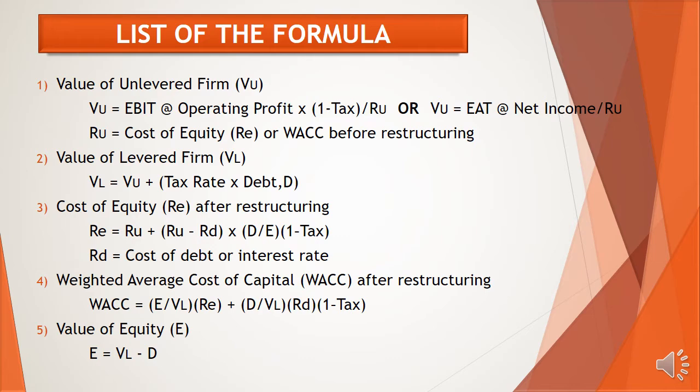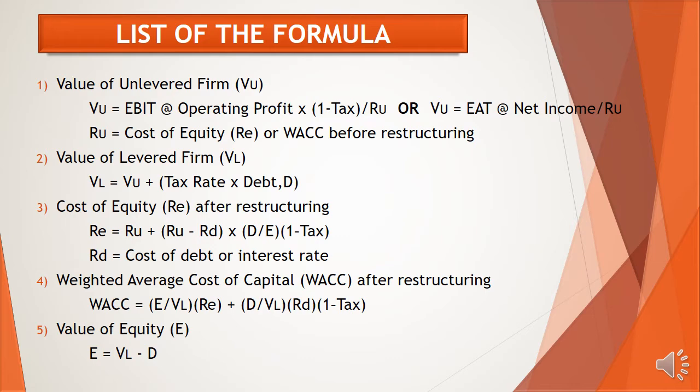Okay, to start with the calculation, there is a list of formulas that you should know. There are 10 formulas available. The first formula is the value of unlevered firm, VU.